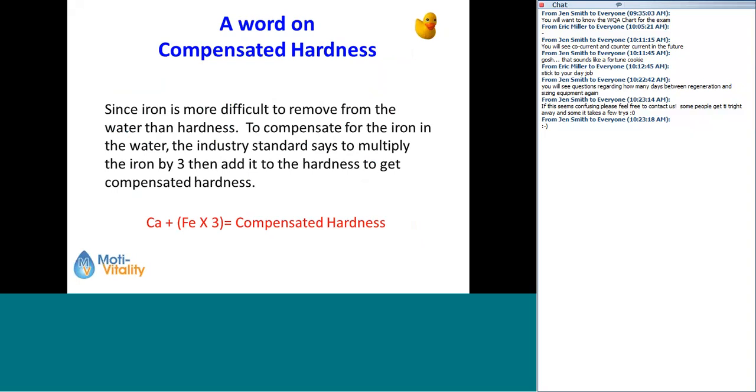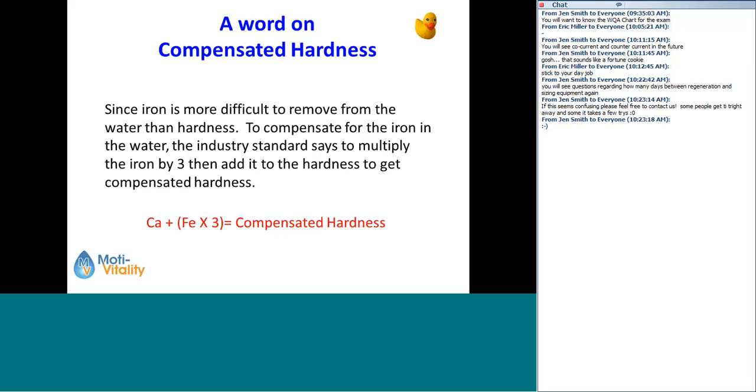recommends. Okay? But Water Quality Association says that compensated hardness should be calculated by taking the actual hardness, and then taking the iron, multiplying the iron by 3, and adding that to your hardness.